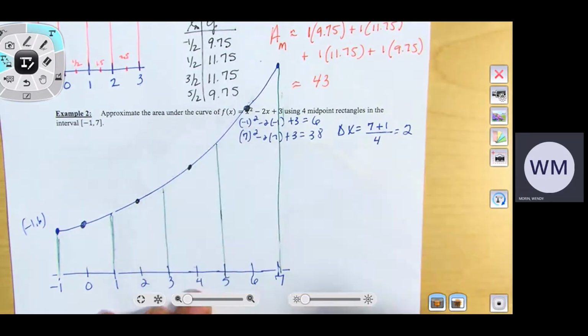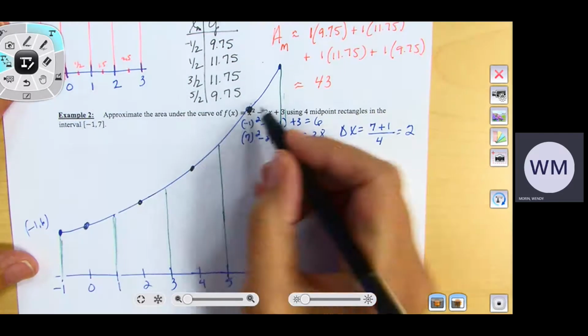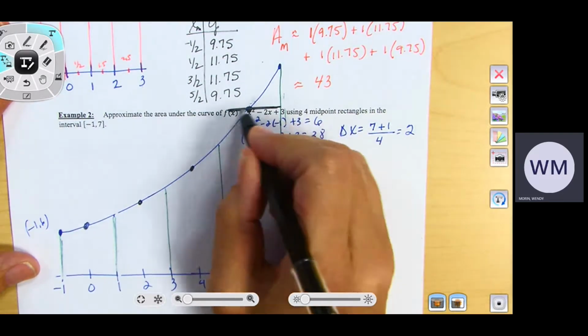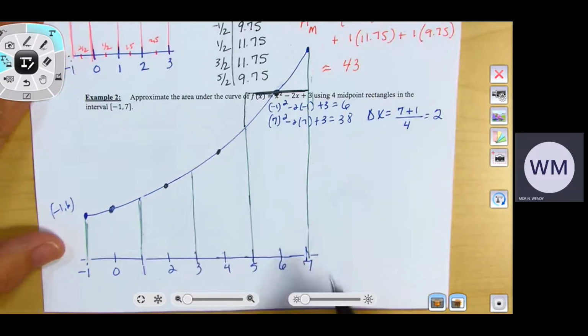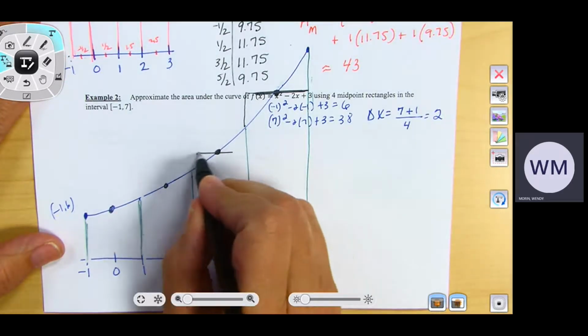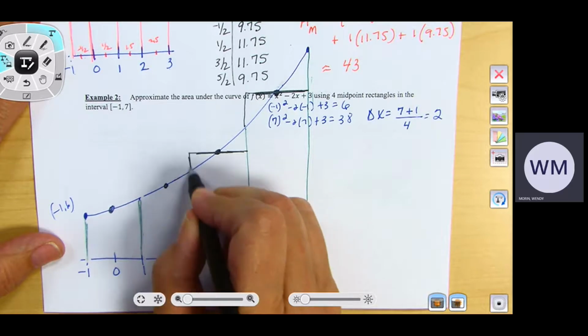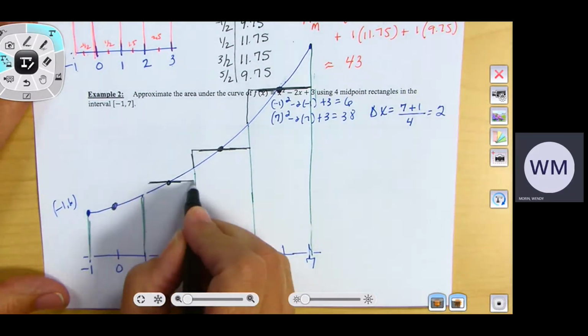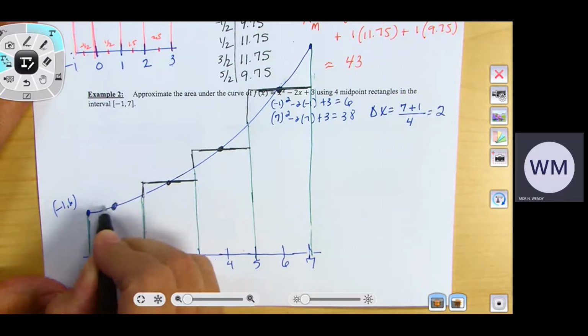So that is how high I want my rectangles to go. That's my height. There's my rectangle. This is my height. Here's my rectangle. This is the height I want. And one more.